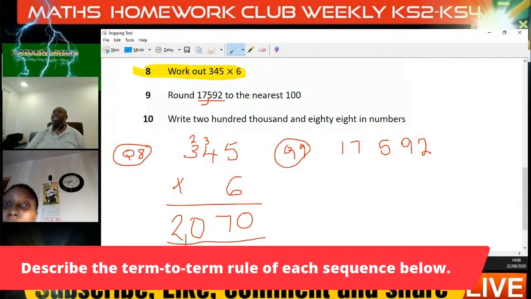We need to round it to the nearest 100, right? So what you need to do is to find where the 100 is. Which number represents the 100, Denzel? We need to go between the 100 number and the 10 number.